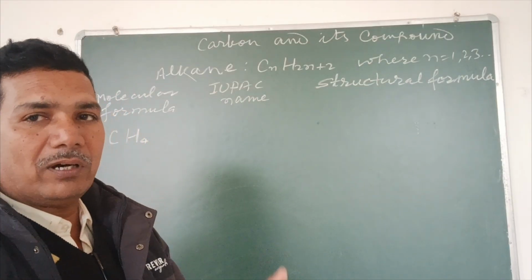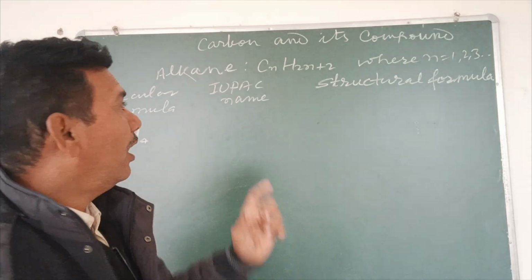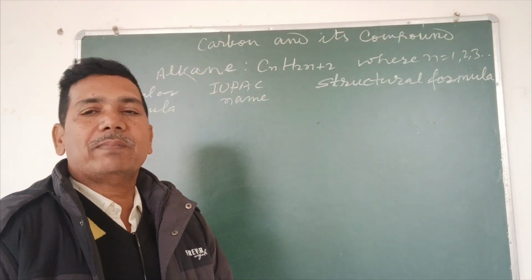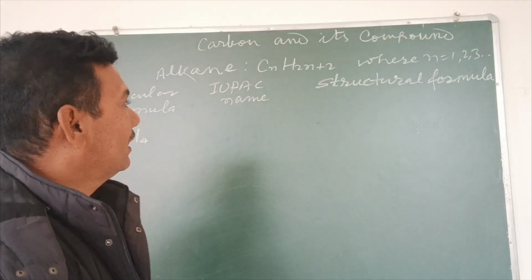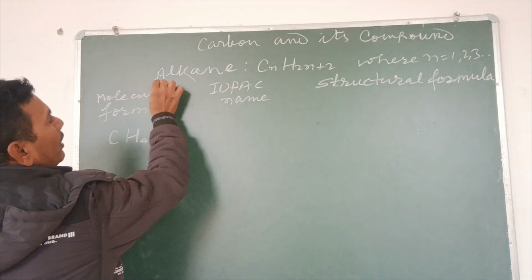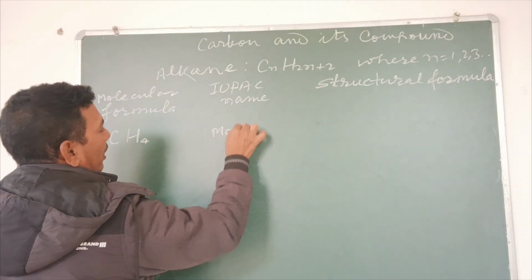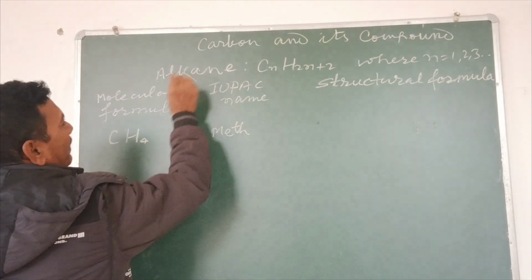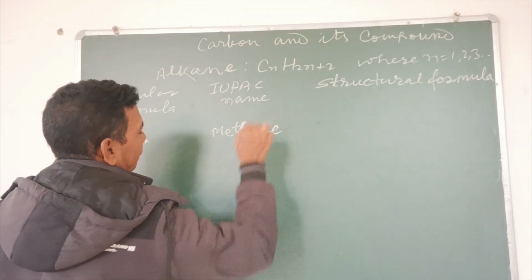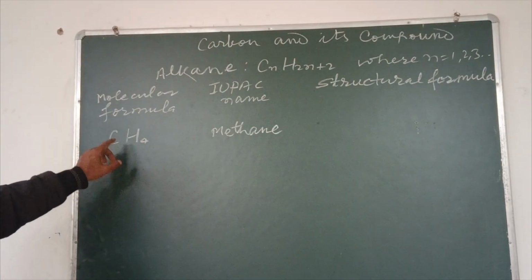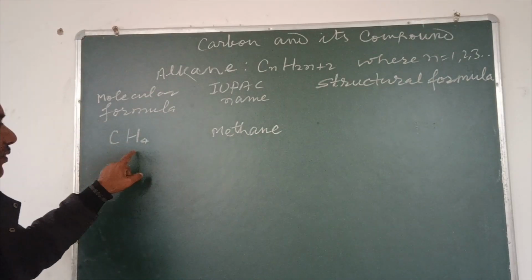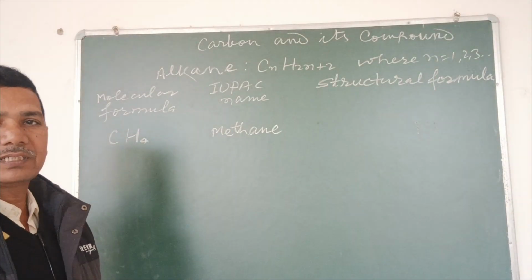So, as I have said earlier, alk in the group name alkane will be replaced by meth, and the remaining spelling, ANE, will be sufficient. It means the IUPAC name of the formula CH4 is methane.